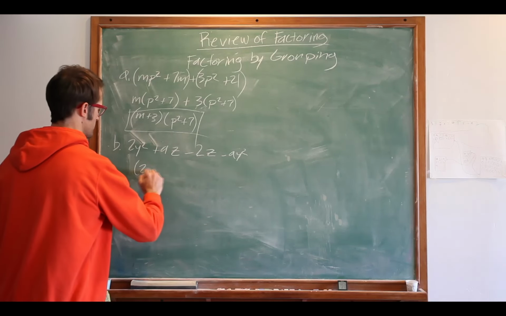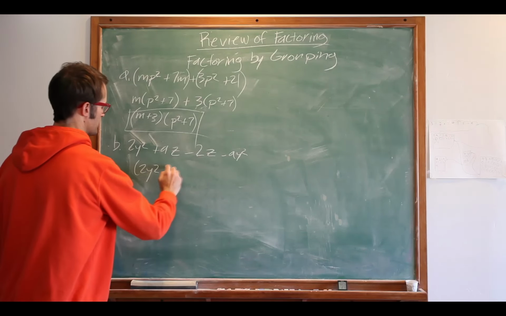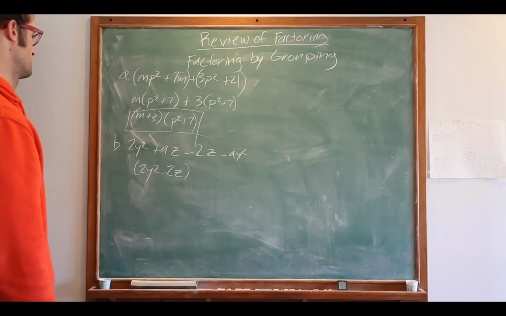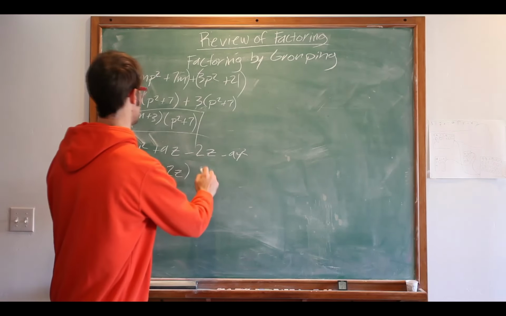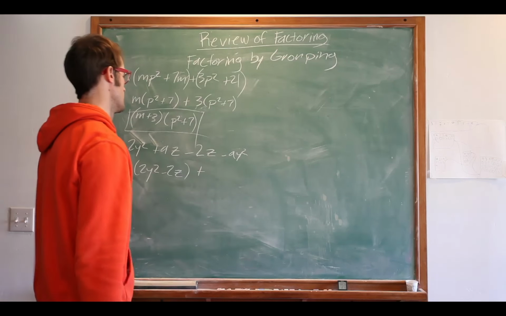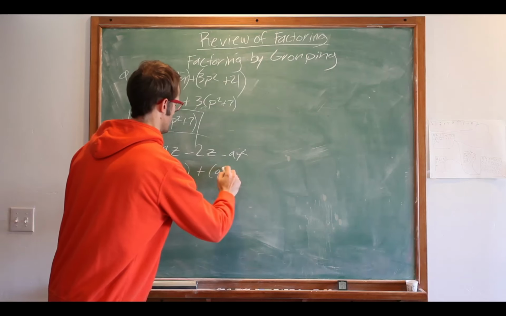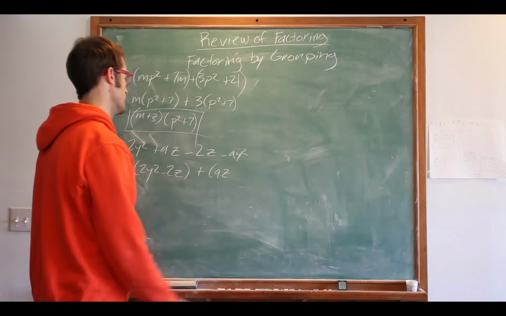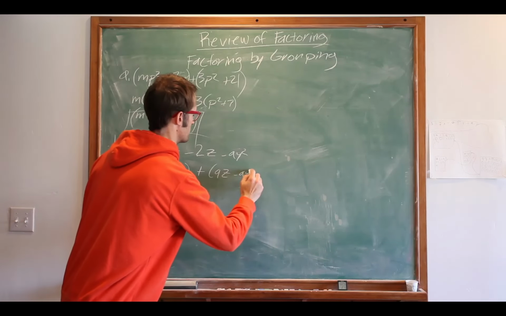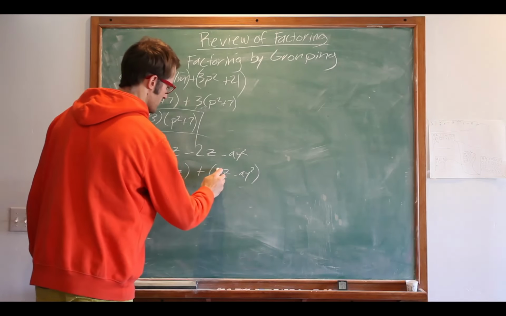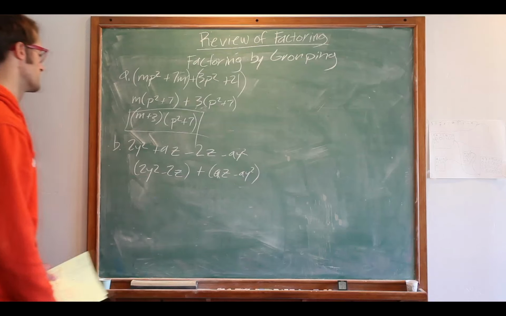So 2y squared minus 2z plus az minus ay squared. That looks like a 9, but this is an a anyway.